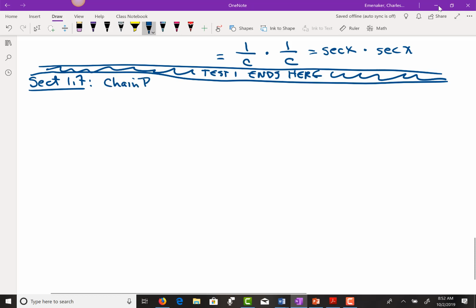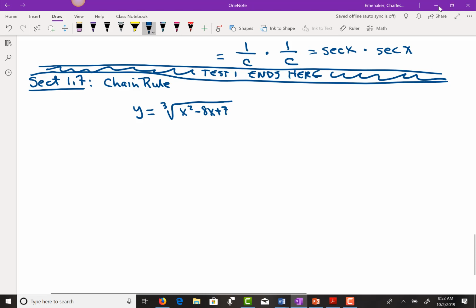The last main rule that we're going to look at is the chain rule. This is kind of like unwrapping a Christmas present or a birthday present or something like that. Really? Okay, the way the chain rule works is suppose you have something like y equals the cube root of x squared minus 8x plus 7.